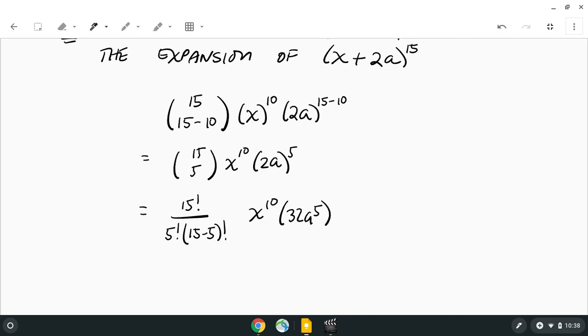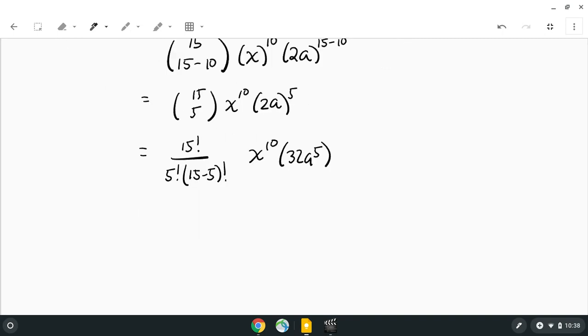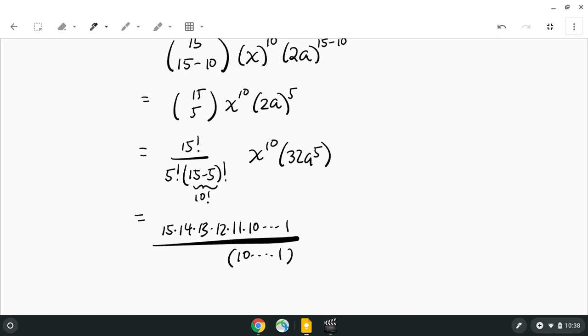And let's go ahead and work this out. This is going to be 10 factorial. So 15, 14, 13, 12, 11, and then 10 all the way to 1 will cancel out with 10 all the way to 1 over here. 5, 4, 3, 2, 1.